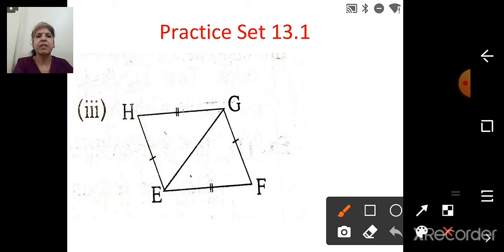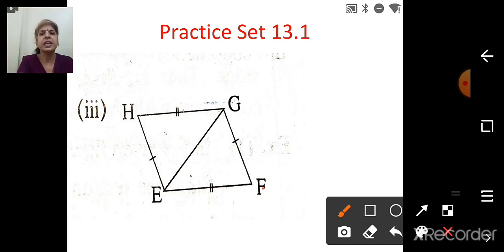Now what is given? HE is congruent. You can see the identical mark. HE is congruent with, now point corresponding with H is F, right? So FG. Side HE is congruent with FG and side HG is congruent with FE. So two sides are given.